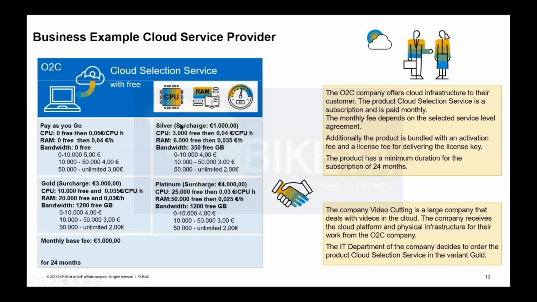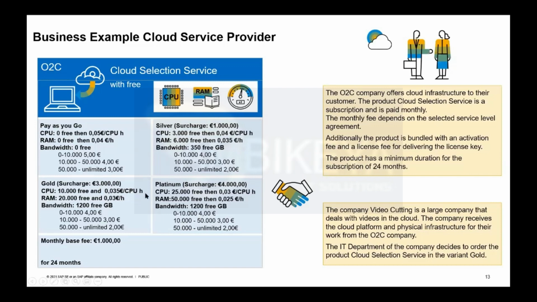We also have to select for the usage evaluation if we have silver or pay as you go in place, because silver has another price. It's a bit cheaper. So including the silver, you also get a different price on the usage. And it's the same then with gold.